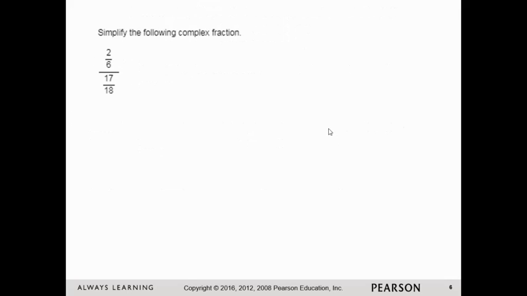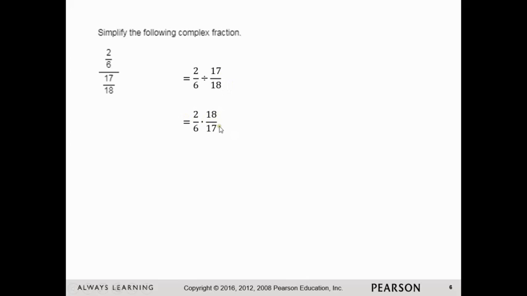So here's one out of the homework here. Once again we have 2/6 over 17/18. So the first thing we do is write it as a division problem. And then now what we're going to do is flip the divisor 17/18, which is the reciprocal, and then multiply.